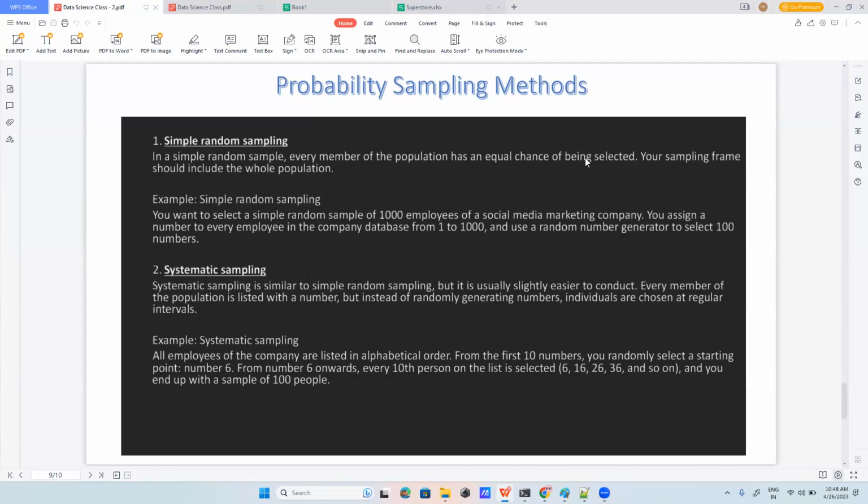Your sampling frame should include the whole population. Consider the same example in our movie scenario. When a person is coming out, you select people irrespective of age, gender, or mood. You stop a candidate randomly and ask them, what's your review of the movie?